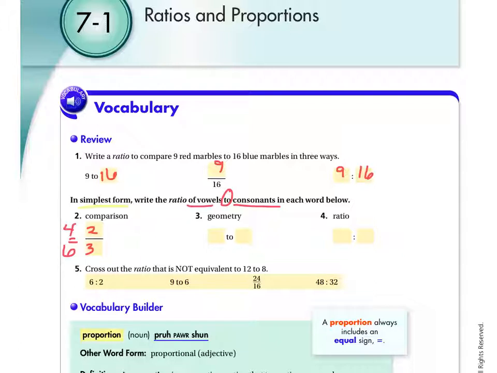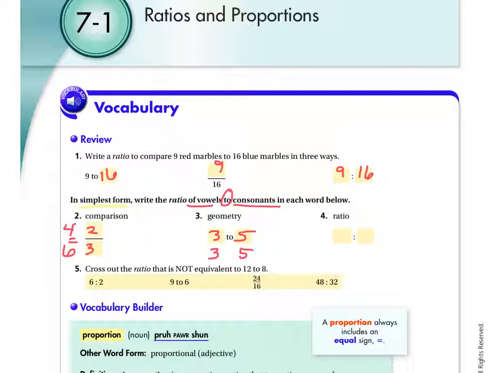I'm going to put the 3 down below. And then how many consonants? G, M, T, R, and Y. So is that 5? 1, 2, 3, 4, 5, 6, 7, 8. Yep. So is that fully reduced? 3/5? Yep. So then your answer is 3 to 5.